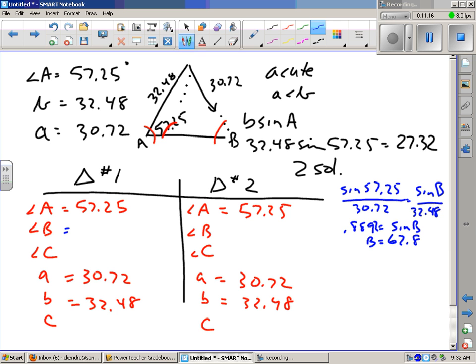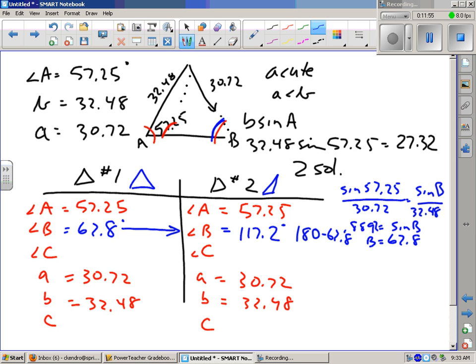So right here, 62.8. So that must be the acute angle we just found. So this is that triangle, this is the skinny triangle. Now to get the other angle B, all you do is take the supplement of that. So what we have to do is take 180 minus 62.8. And that gets you the second angle B, and in our case it's 117.2.